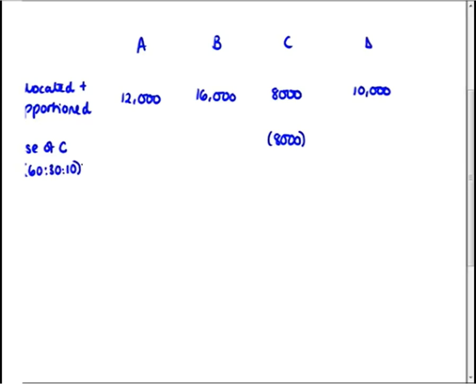So we're going to have 4,800 in A, 2,400 in B, and 800 in D. Now, strictly speaking, you don't really need to worry about B here because it's not going to impact on our answer.